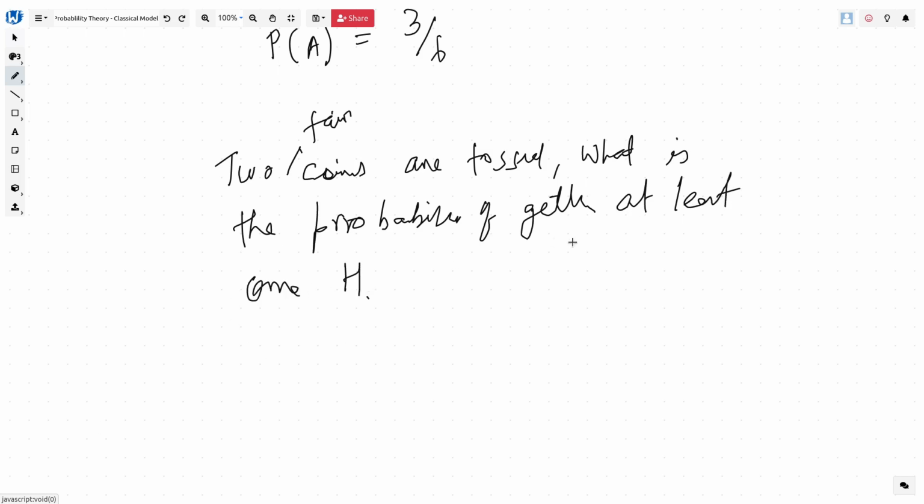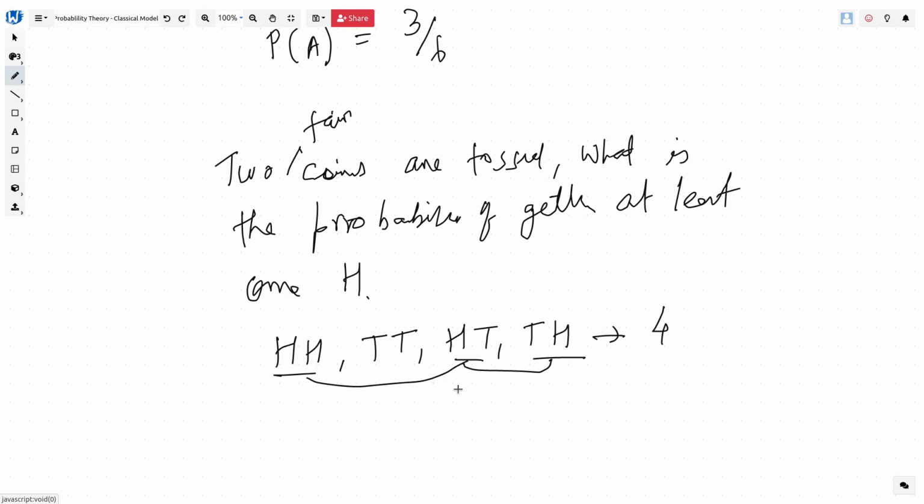If you write all the possible outcomes, you will get 4 events, with the first coin output and the second coin output. So the total number of ways you can get the output is 4, and you get at least one head here, here and here. So the total number of ways of getting at least one head is 3. So the probability of that will be 3 by 4, right?